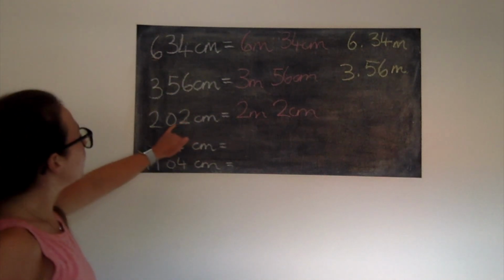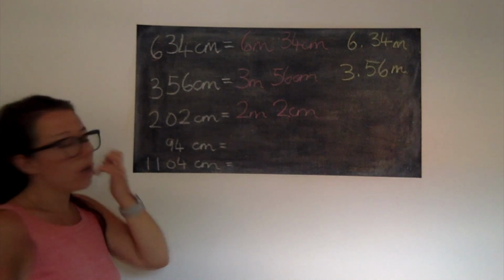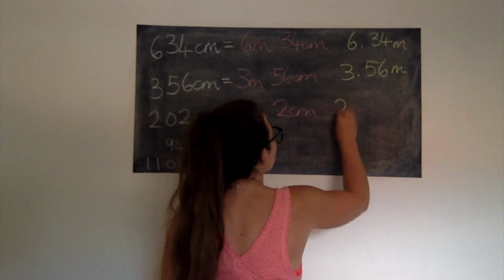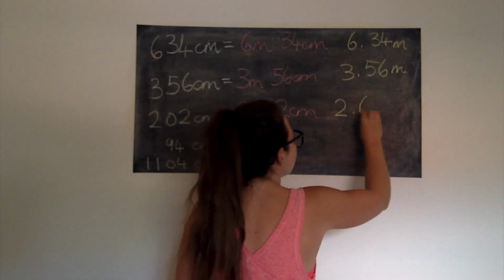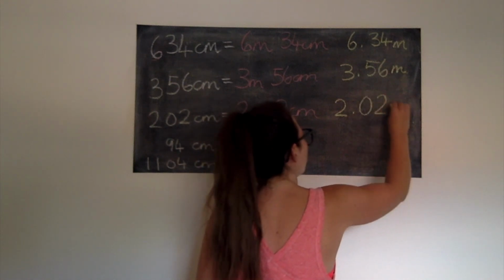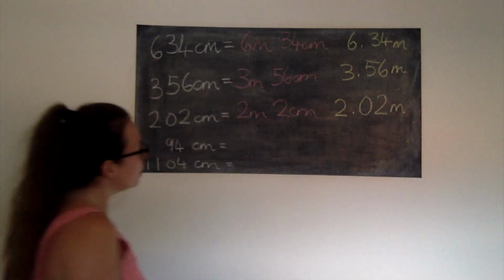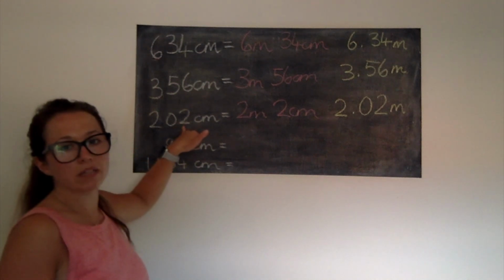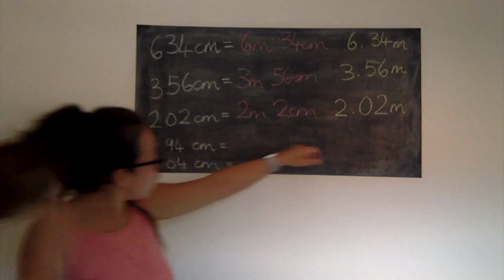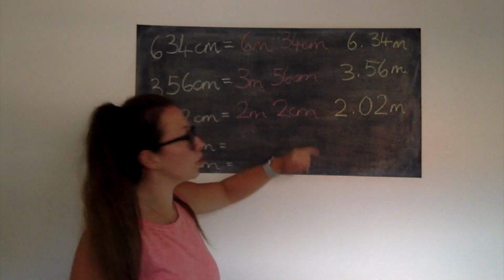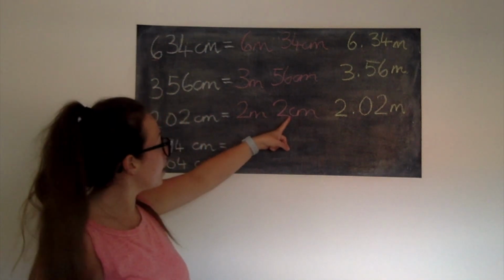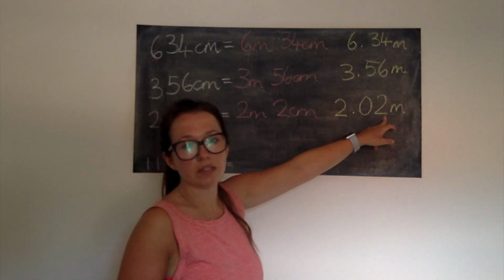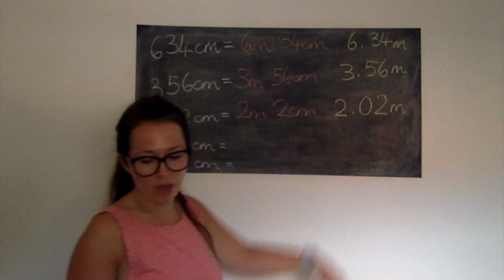So when we divide this by 100, we get 2.02 metres. Okay, so be careful, this is 100th of a metre, remember. 100th of a metre was 1 centimetre, and we've got 2 hundredths of a metre. Okay, so well done if you got that one.